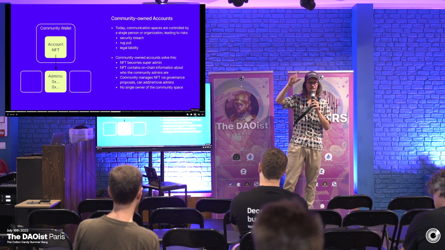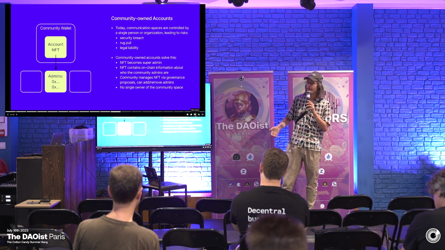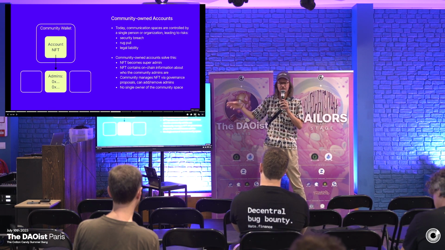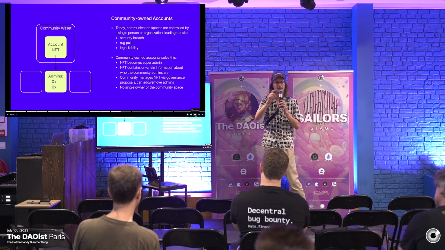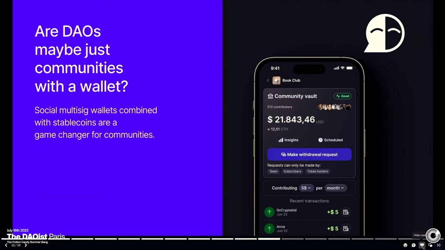The NFT has some on-chain information about who are the actual admins and moderators in the community. This NFT can be managed by a multisig that is governed by the DAO, and then the DAO can just, through proposals, change who is the admin of the community. So it's much harder to rug pull a community. It's much harder to identify who is that one guy who's now legally responsible for the actions of that DAO.